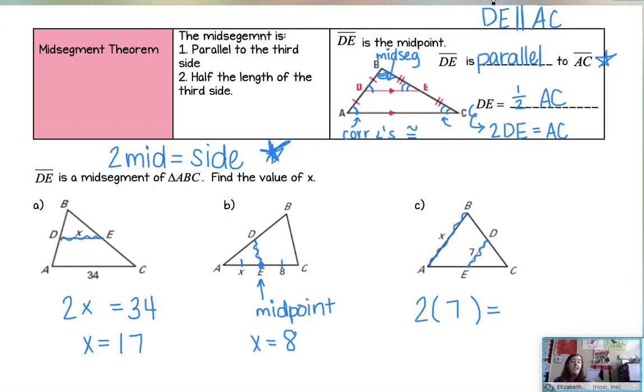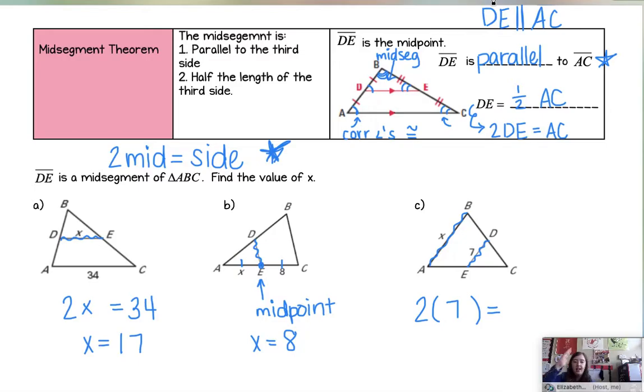And we want that to be equal to the third side, the other side. What should I put in for that side? Like what from the picture should I put in over there? Good, yeah.